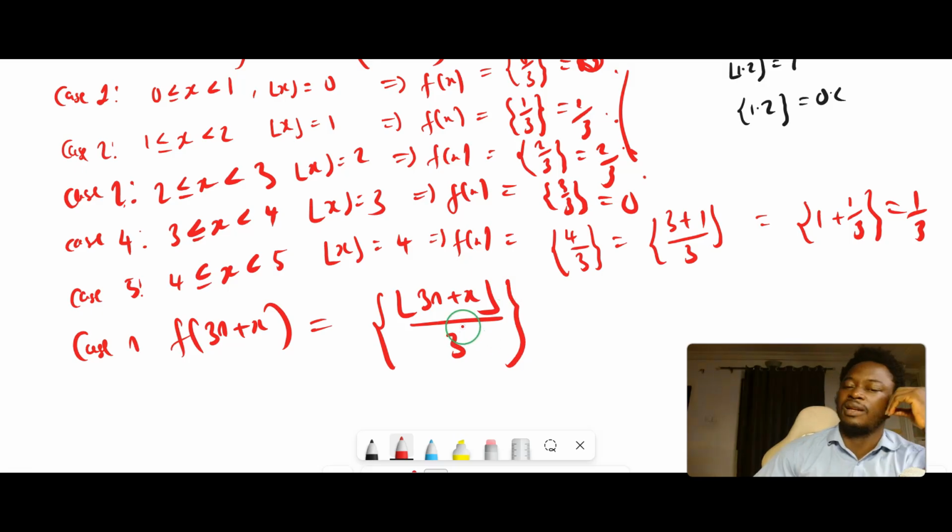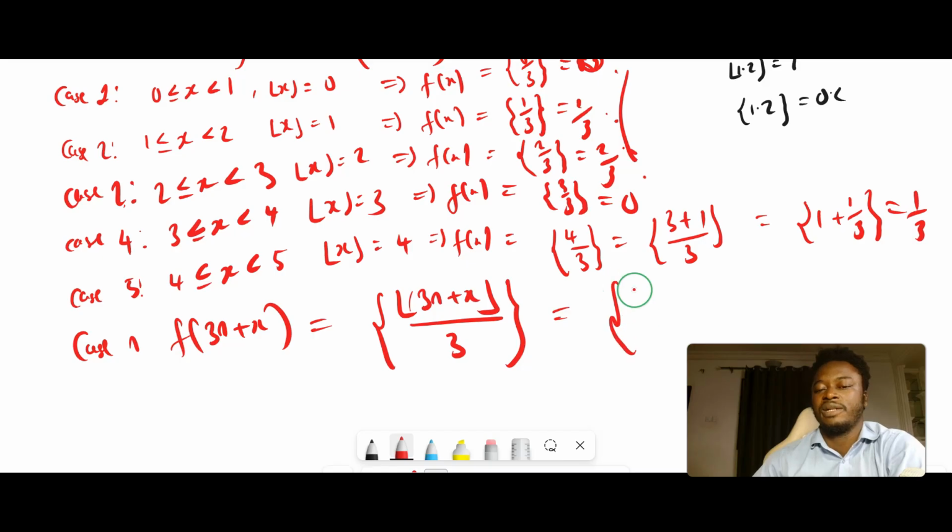Then the floor of 3n plus x, let's say x is very small, because this is an integer, is going to be equal to just the fractional part of 3n plus the floor of x, all divided by 3.